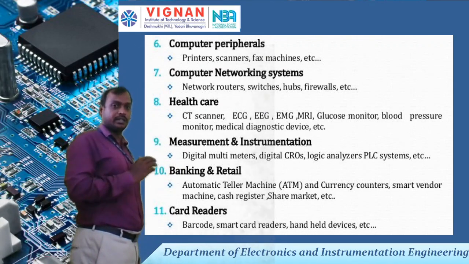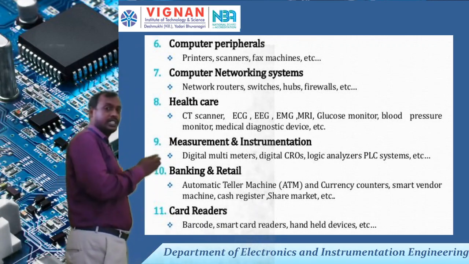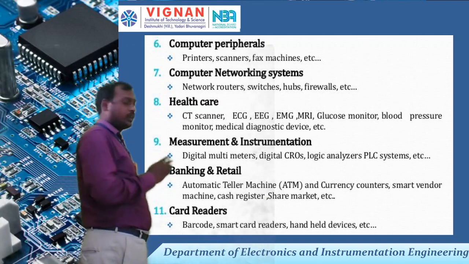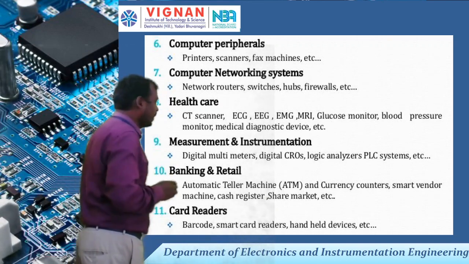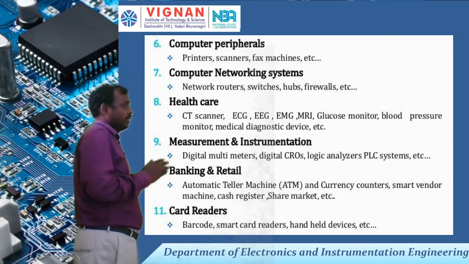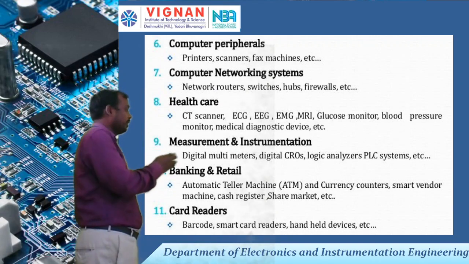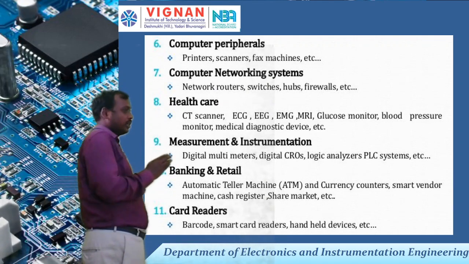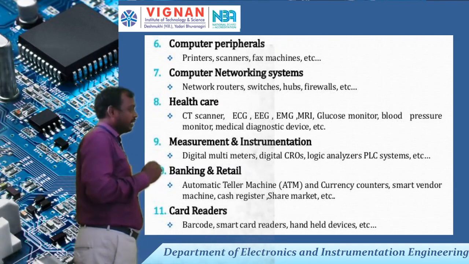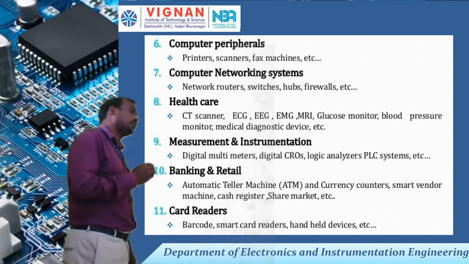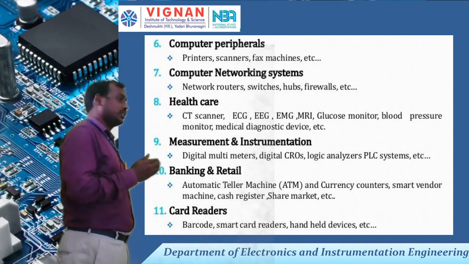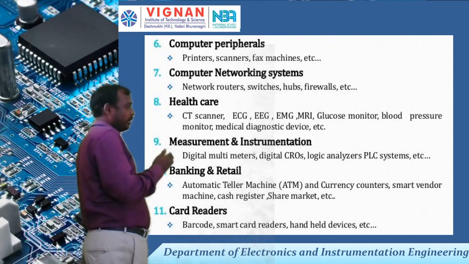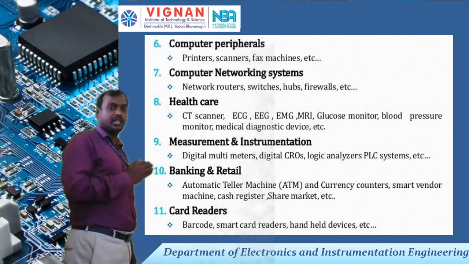Next, healthcare: CT scanner, ECG, EEG, EMG, glucose monitor, blood pressure monitor, and all. In the olden days, they had to go and check up the BP. Nowadays the kit has also come, because every day it is not possible to go for a check-up. A person who has diabetes will have the blood pressure monitor.